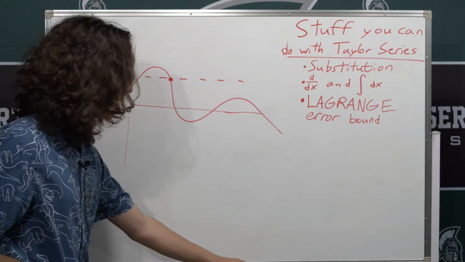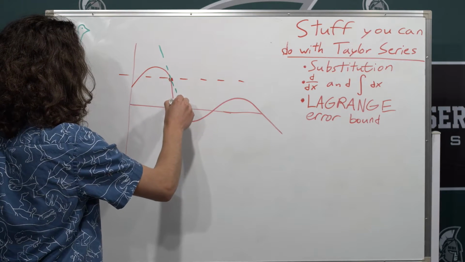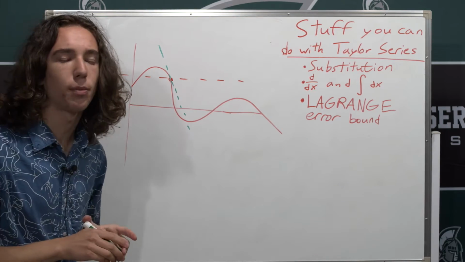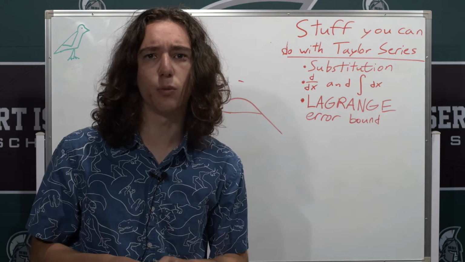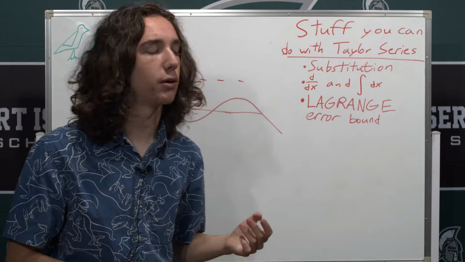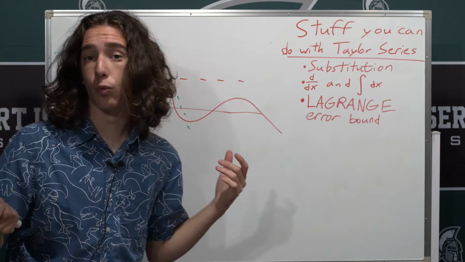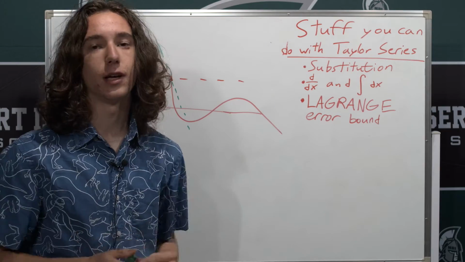I'm going to make it green now. And you see, now that's a much better approximation, but still only very locally. And it's still a pretty wild guess. It's not very close. And so then you'd add the rate of change of the slope, the curvature, if you will.